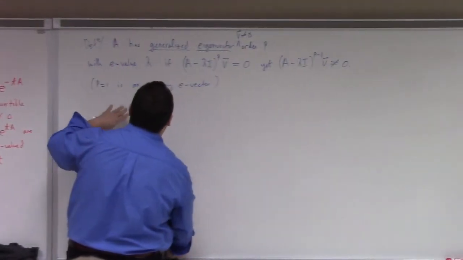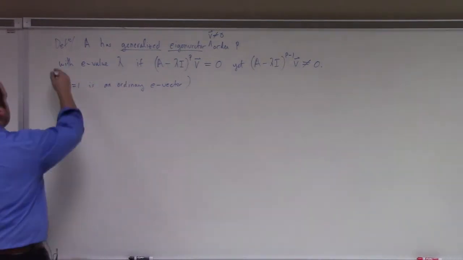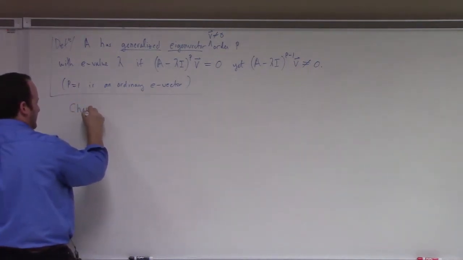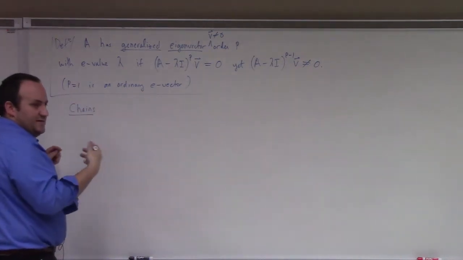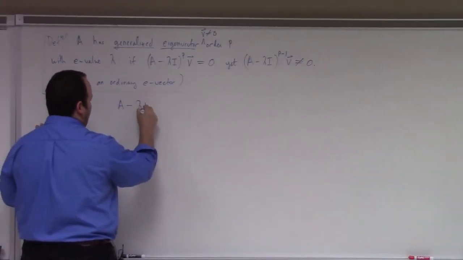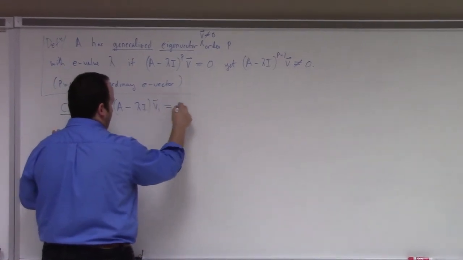So a generalized eigenvector, order v, is something like this. Now, there's more than this. We like to have them in chains. So chains, what I'm talking about is we have something like this. A minus lambda I v1 equals 0.